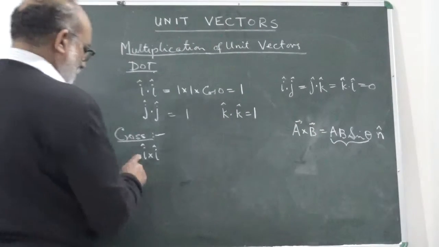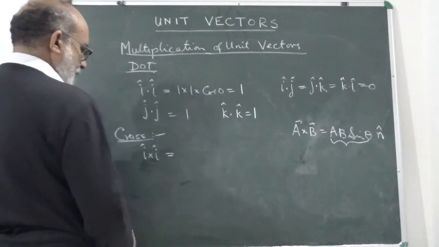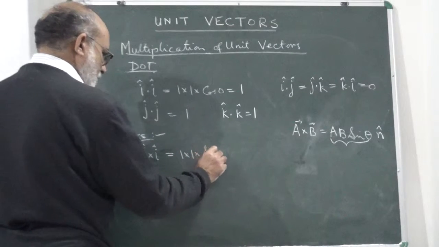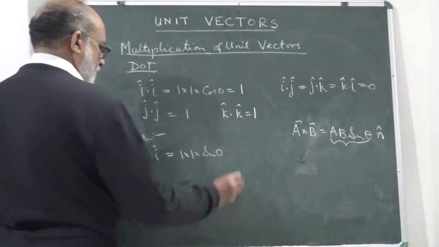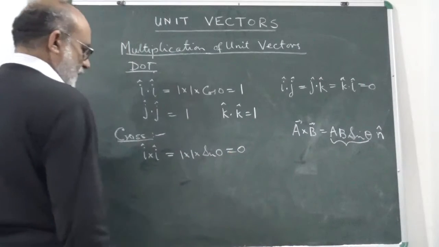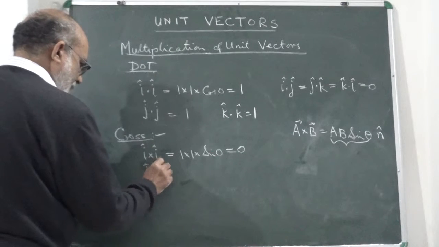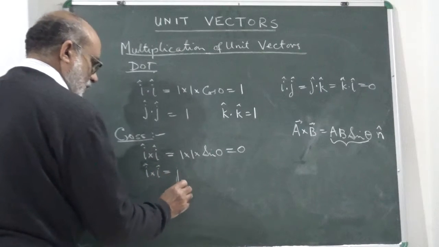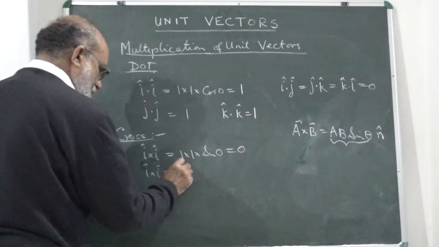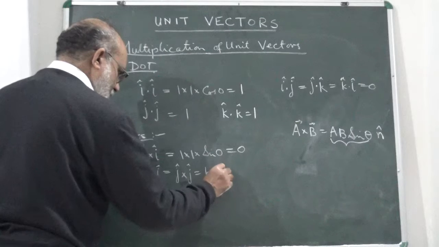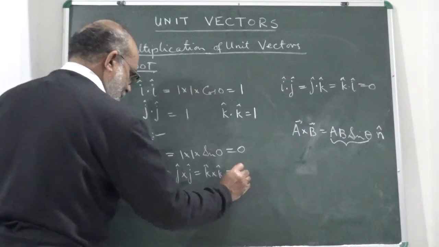So i cross i means 1 into 1 into sine 0. This results in 0. So similarly we can write that i cross i is equal to j cross j is equal to k cross k is 0.